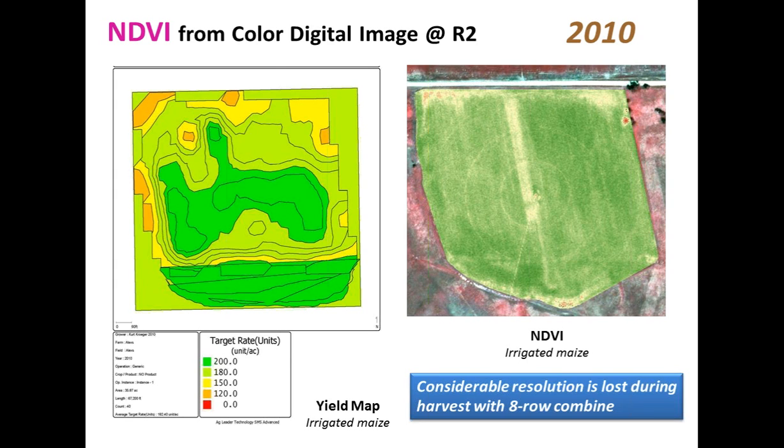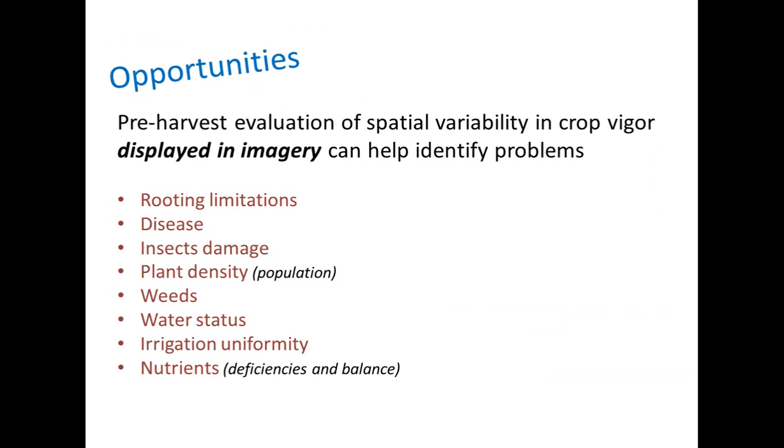So what are some of the opportunities then for using this imagery? We've talked about being able to get into the field to check out rooting limitations, perhaps rooting depth, diseases, insects, especially plant population. That's going to have a direct effect on the amount of biomass in the imagery.